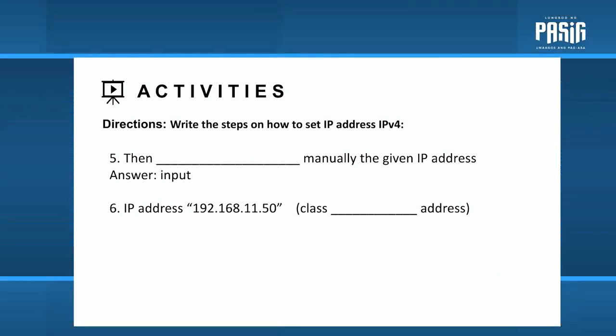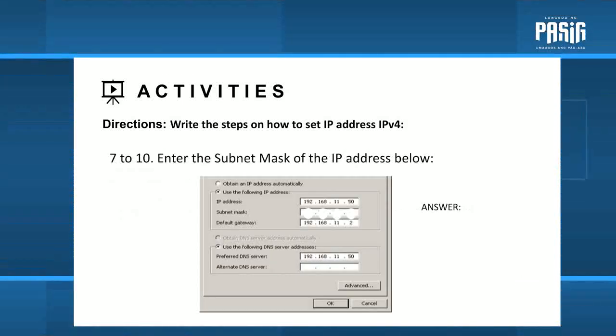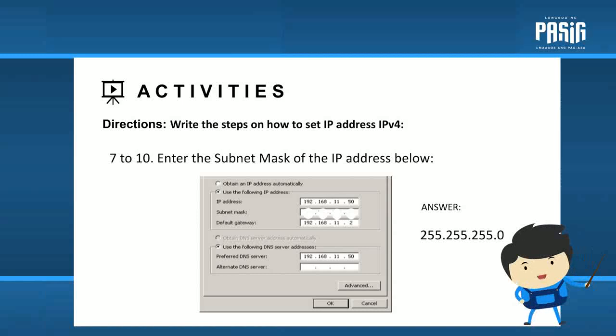If the IP address is 192.168.11.50, this is under class blank address. The answer is C. Numbers 7 to 10, enter the subnet mask of the IP address below. The answer is 255.255.255.0.